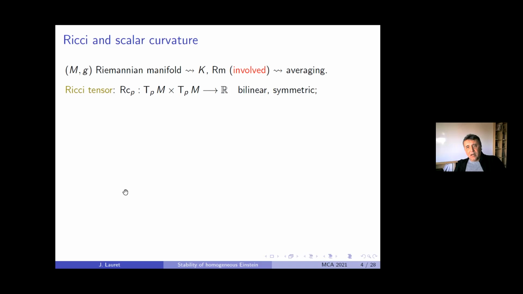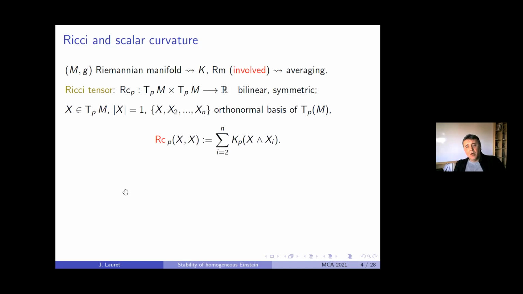The first averaging is the Ricci tensor, a symmetric bilinear map, and it is defined for each direction x in this way. You complete to an orthonormal basis and take the sum of all these n minus 1 planes containing x. That's Ricci curvature. And scalar curvature is to average again.